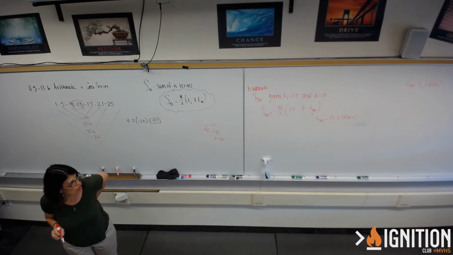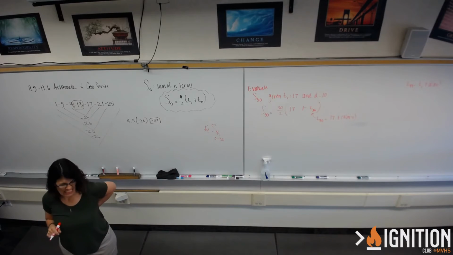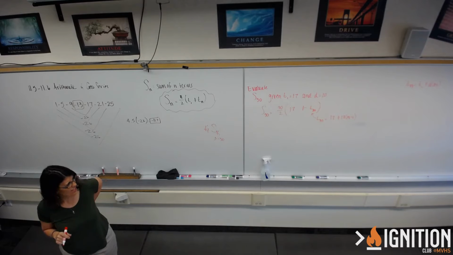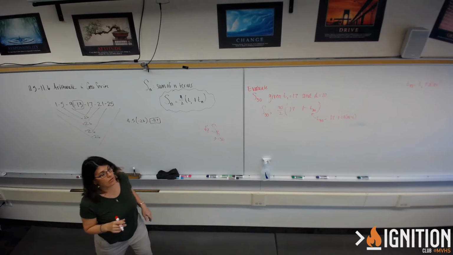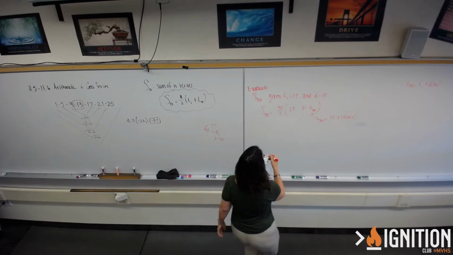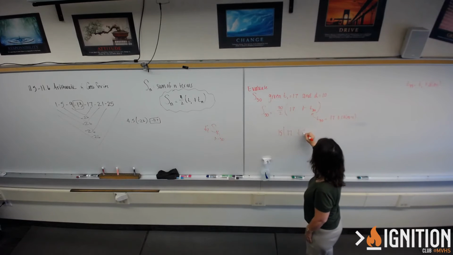What's the 30th term? 17 plus 290, because it's 30 minus 1 is 29. 307. Great.